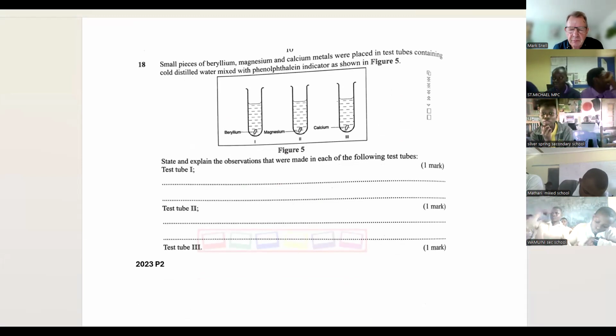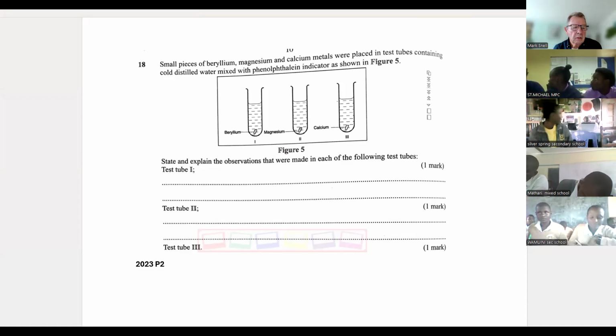Here's the periodic table again. Whoops, where's it gone? Where's my periodic table gone? Can't periodic table share.